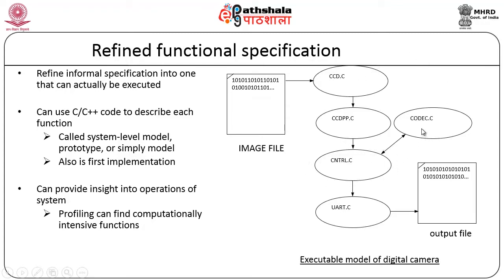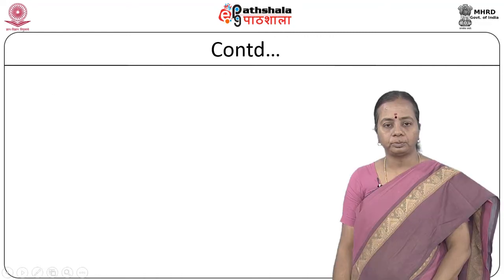All your compression is done with your codec. These provide the digital images, which are sent through your UART to your output file on your PC. This tells you about the functional specification of your system.